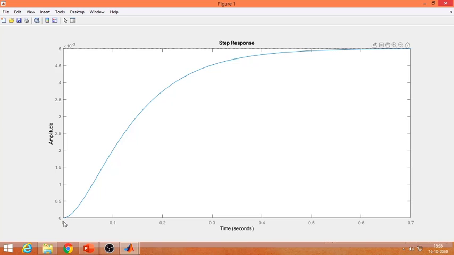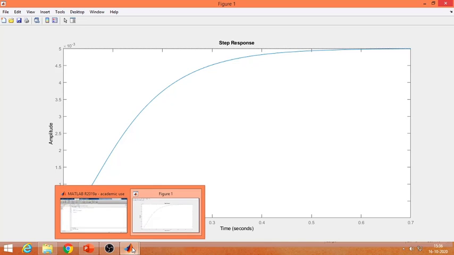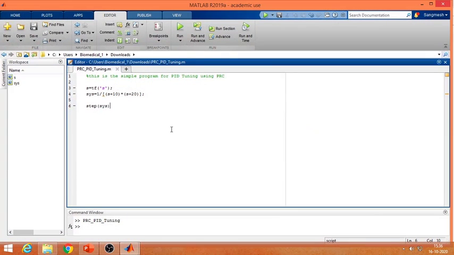Now if you see, it is having some lag. This is of course an S shape, and the steady state value is 5 into 10 raised to power minus 3, which is definitely not a desired output. Okay, what we are expecting is that our output should be at 1. Now let's try to develop the PID controller for this.